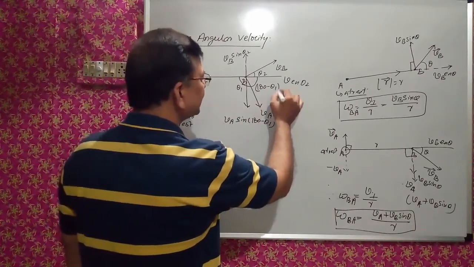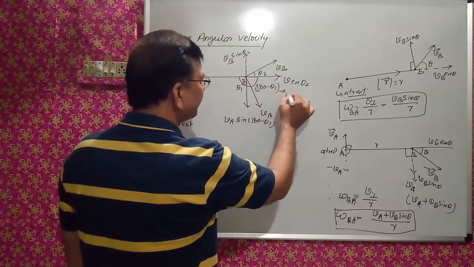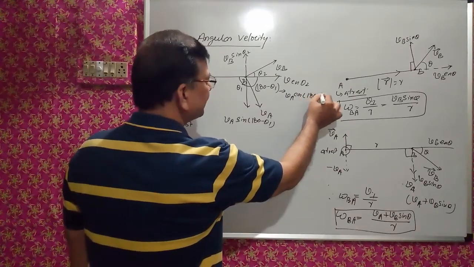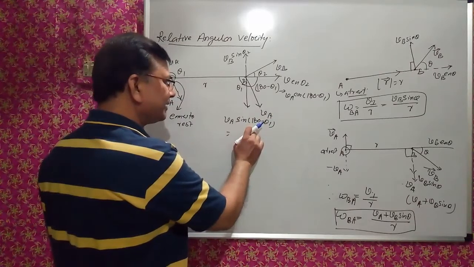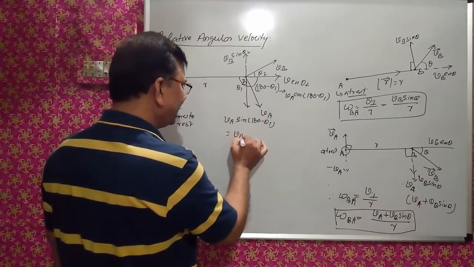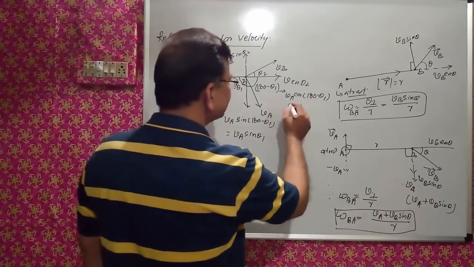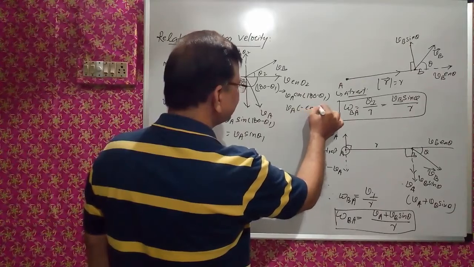In this direction it will be VA cos 180 minus theta 1. And sin 180 minus theta 1 is sin theta 1. So VA sin theta 1, and this is VA 180 minus theta 2 minus cos theta 1.